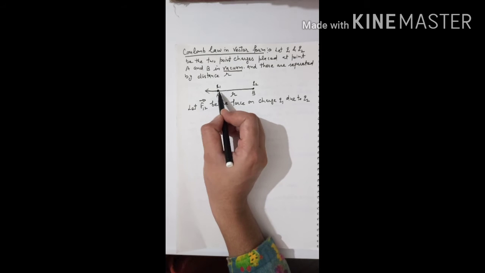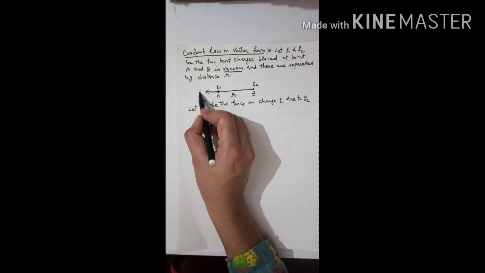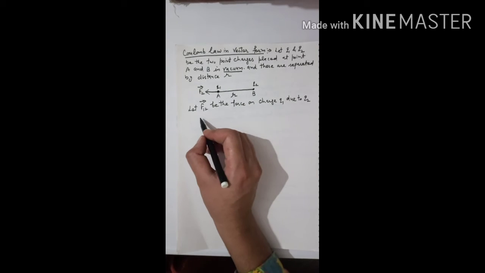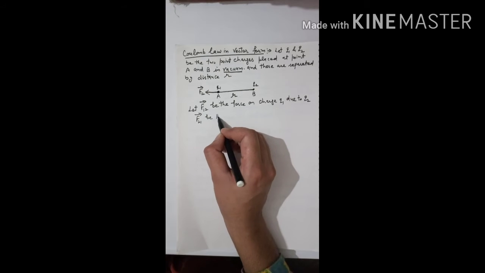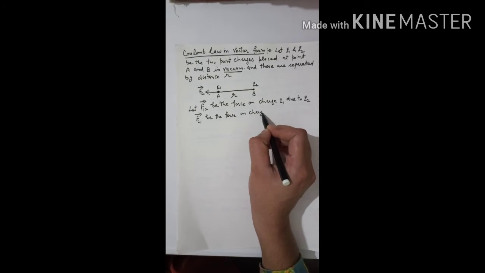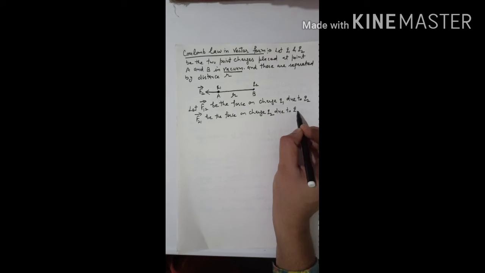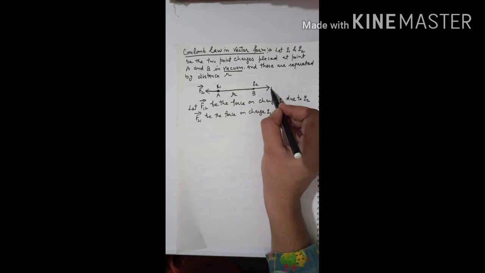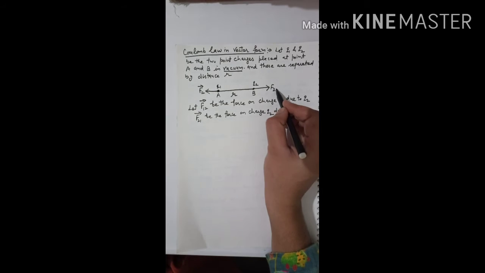Similarly, let F21 be the force on charge Q2 due to Q1. This force acts along the right-hand side. So this is the force due to charge Q1 on charge Q2, which is F21.